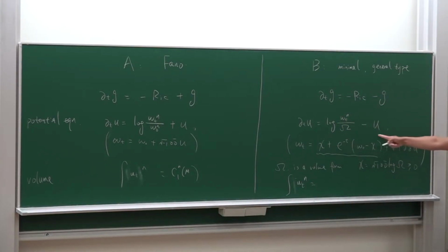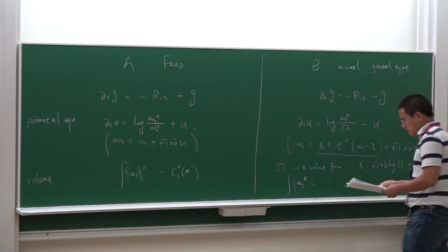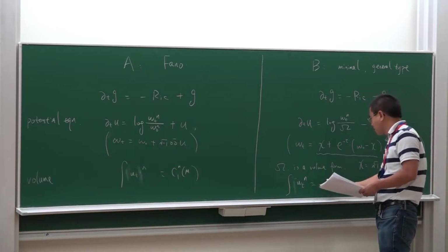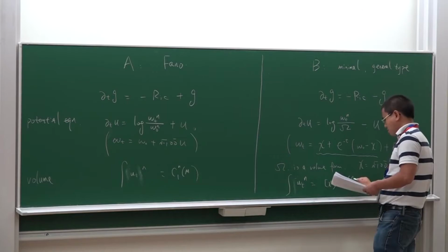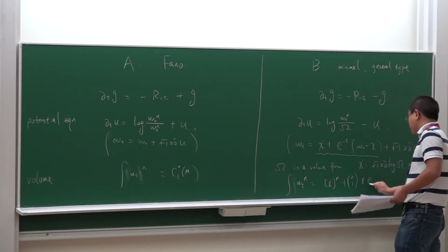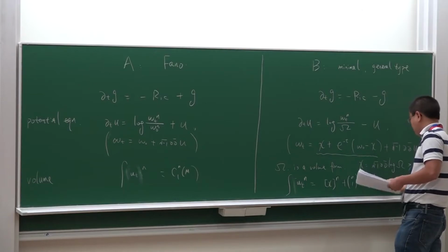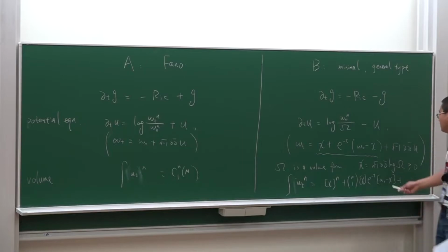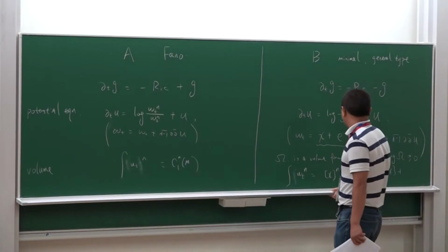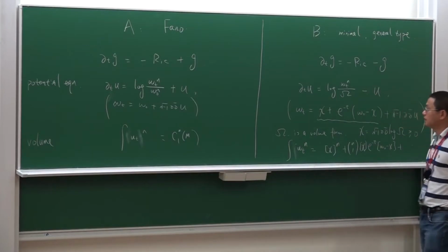Then it's determined by the class here, so it's also not very hard to calculate. The dominant part is chi to the power n, plus other terms, but when t goes to infinity these are small terms and not important.